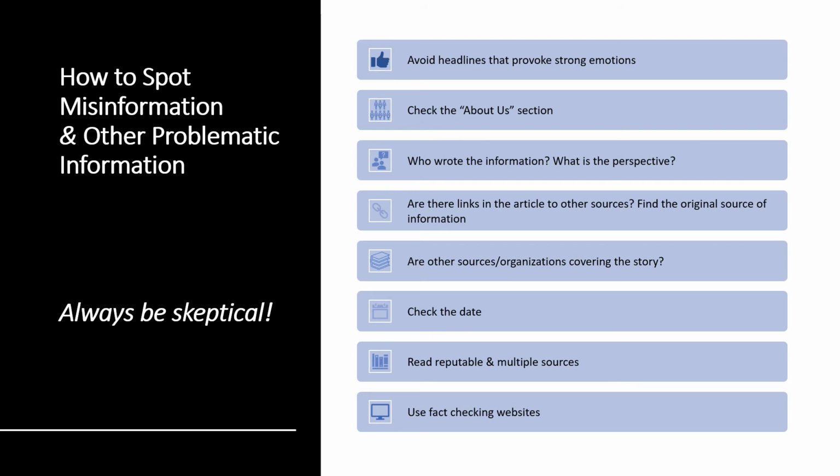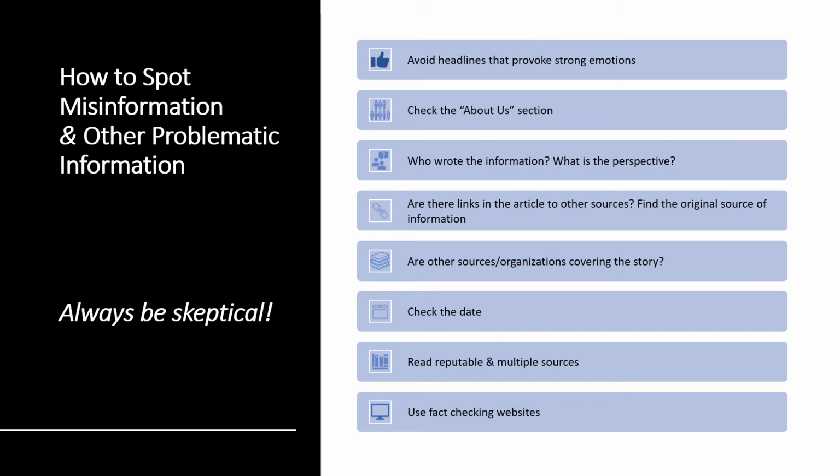Who wrote this information? What perspective might they have? What background do they have? Who do they work for? What is their training? This will help you to understand if there is a particular bias or what that particular bias might be. It'll help you to understand why they are disseminating the information that they are.